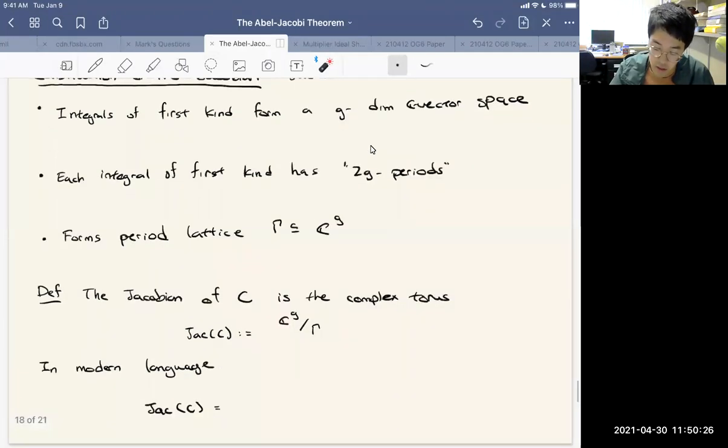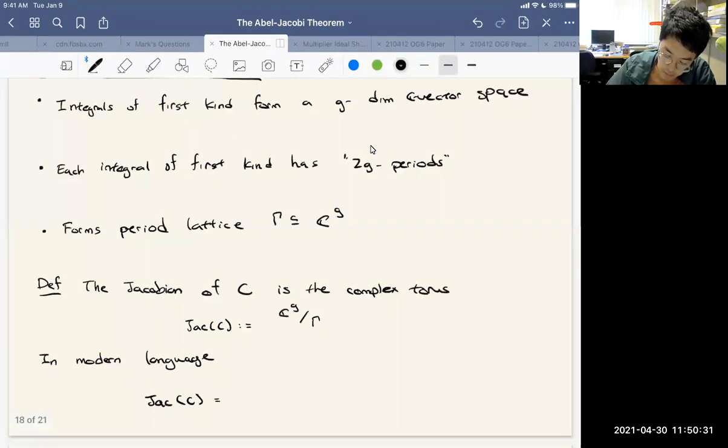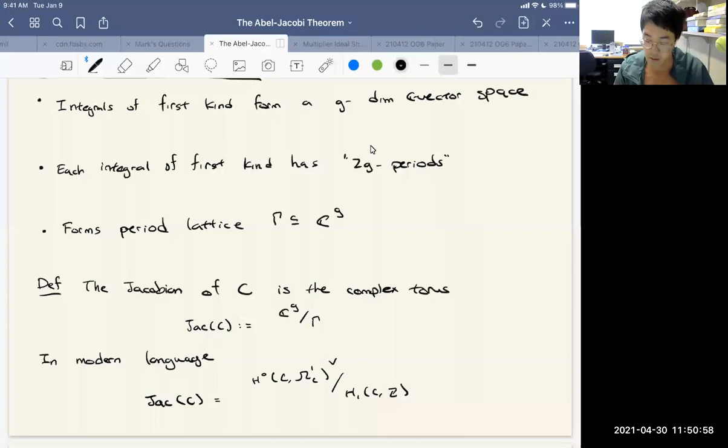And in modern language, it's a little bit easier to write down what it is. It's H0 of C, omega 1 of C, dual. So these are the holomorphic differentials on C. I have the dual vector space, which I can think of as integration along the forms. And I mod out by changes in path. If I have two different paths connecting 2 points, they form a loop in my Riemann surface.